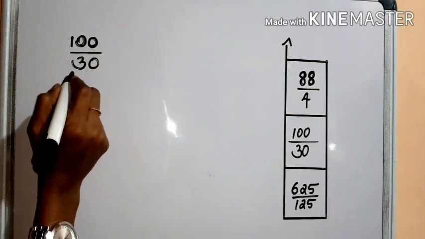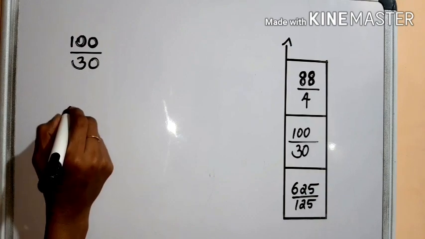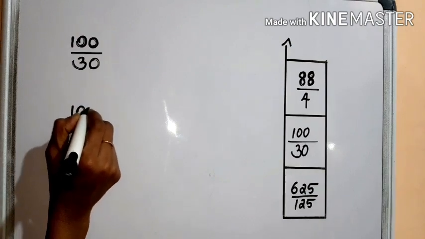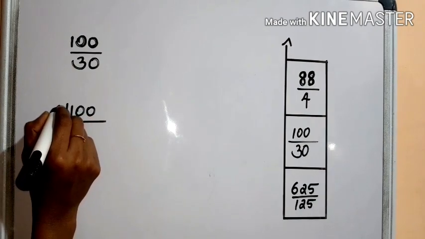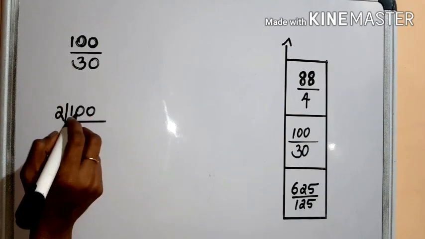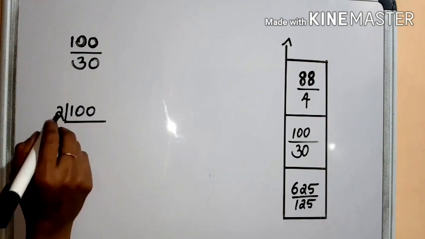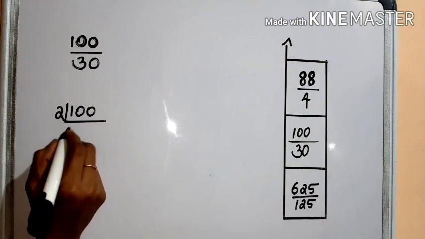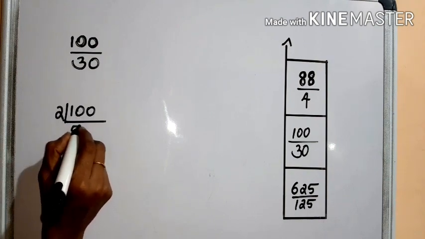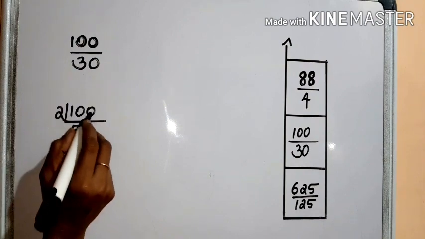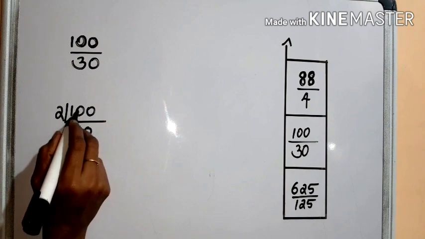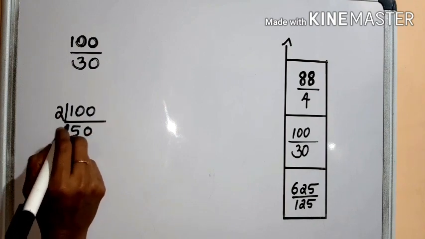100 by 30. We have to do first prime factorization of 100. It is an even number, 2 is possible, no? 100 by 2, or from 10 how many 2's can we take away? 5. Then bring down this 0, or half of 100 is 50, or 100 divided by 2 is equal to 50. Clear, no?